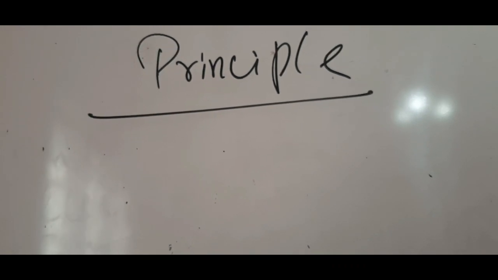Let's see the principle and application part of determination of viscosity of a polymer using an Ostwald viscometer. You are finding out η_i, that is the intrinsic viscosity of a polymer.